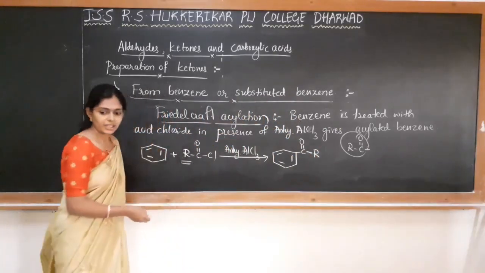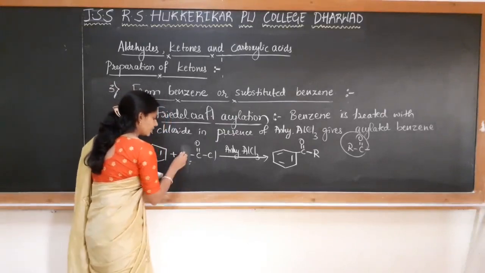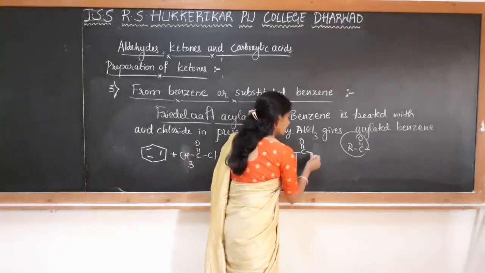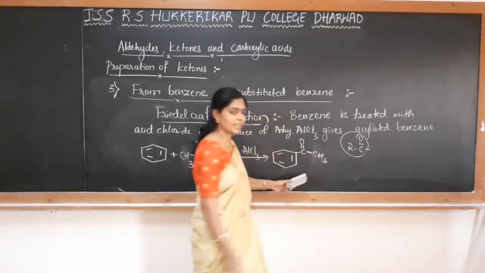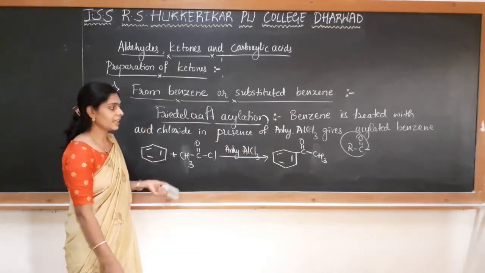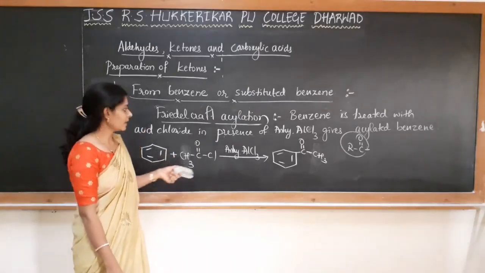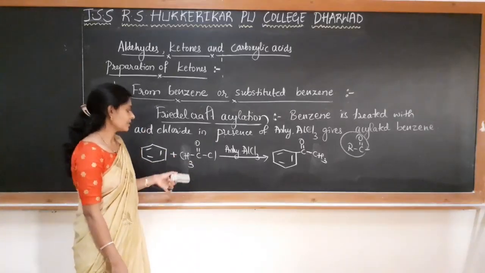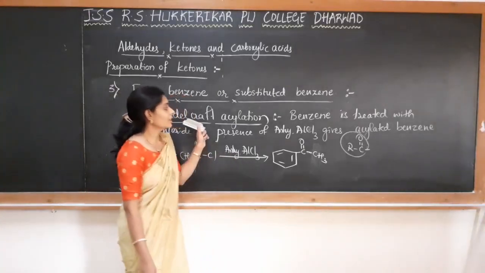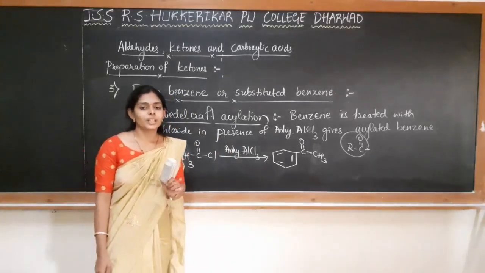If I take a particular example, in place of R if I have a CH3 group, then the product will be C6H5COCH3, acetophenone. This is called Friedel-Crafts acylation, one of the methods for the preparation of aromatic ketones. Aliphatic ketones are not prepared by this, as it's an electrophilic substitution reaction. Aromatic ketones are prepared using Friedel-Crafts acylation. So these are the three methods of preparation of ketones.